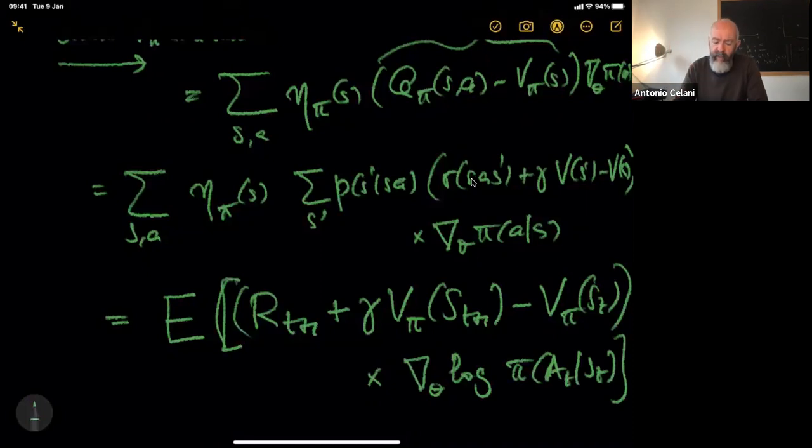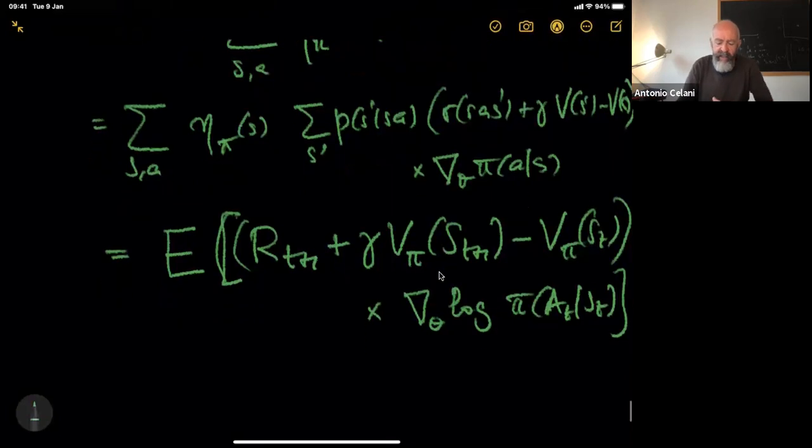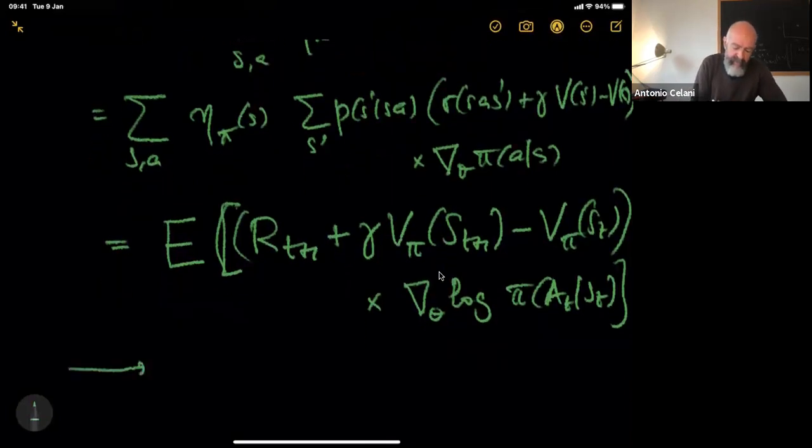But as before, we have the problem that this value function V pi, which appears here, is not known. It would need to be evaluated from the model, but we don't know the model. So rather than doing Monte Carlo, that is to compute an unbiased estimate of my value function by using my trajectories, I can use bootstrapping.